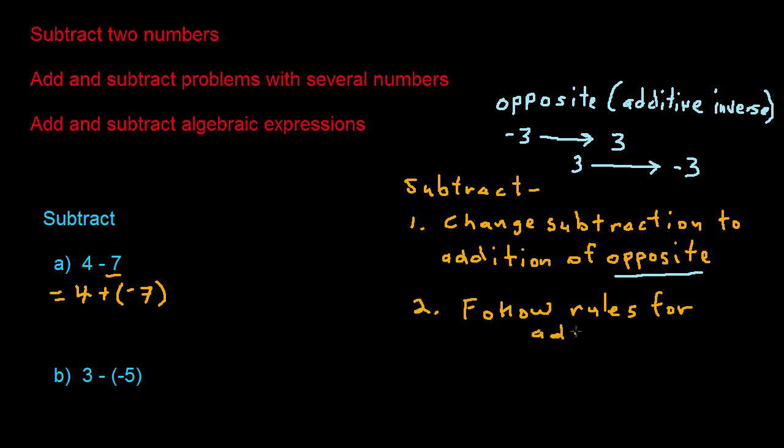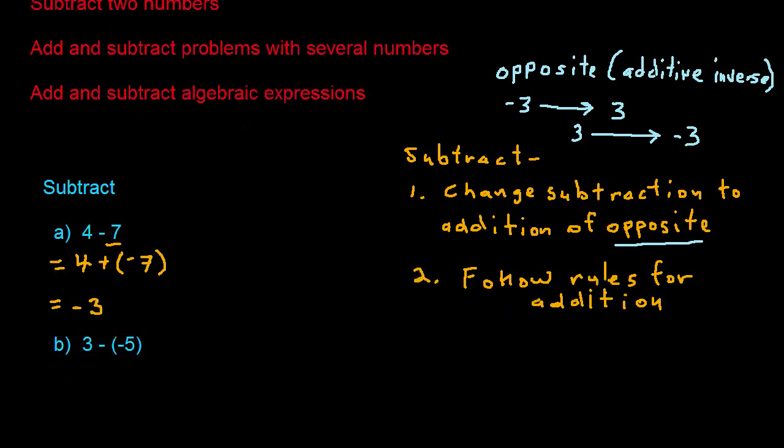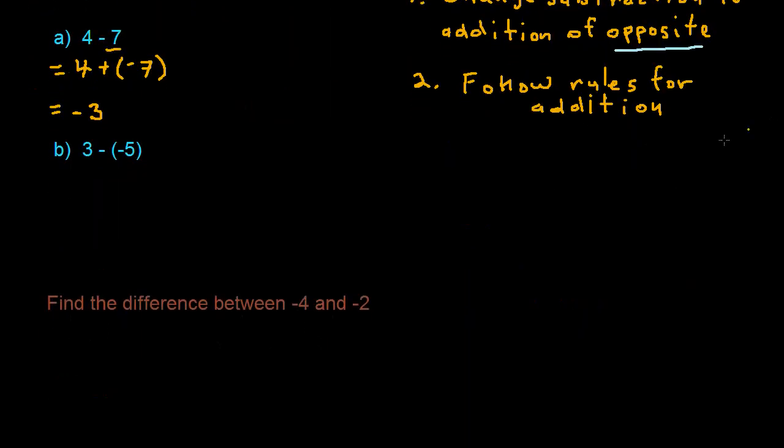In this problem we have different signs, so we take the absolute values, subtract them, and we'll get 3. We take the sign of the larger, in this case the 7, and we get -3 for our answer.